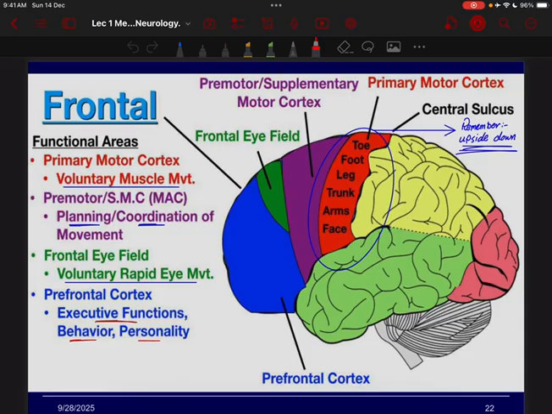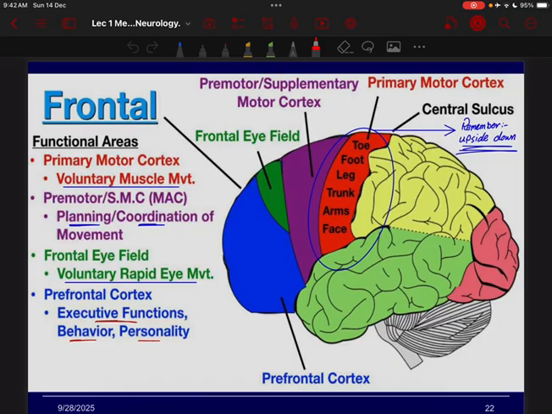And this is the very important prefrontal area, which is executive function, behavior, and personality. Very important. Also, in the frontal lobe we have the frontal eye field center.